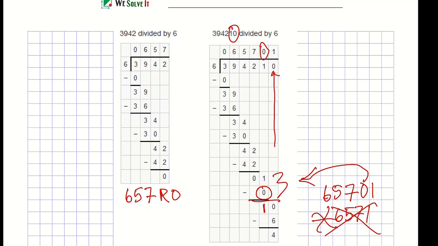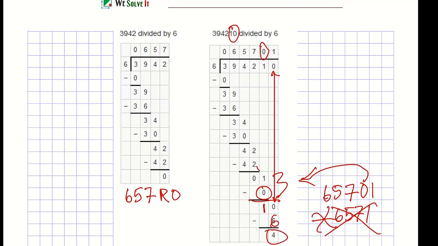When you bring down the 0, you got 10. 6 goes into 10 one time. You put 1 here, 1 times 6 is 6. You write the 6 here, and then you subtract, you get 4.